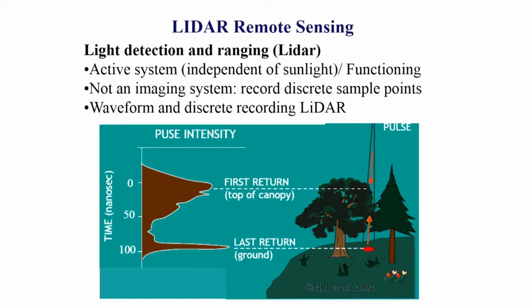What we are measuring is the time the signal was sent and the time it is received at the satellite. With this, knowing the speed of light, I can calculate the position. The same signal sent to the ground will have a different time difference. Measuring this time difference, I can know the height of the object.